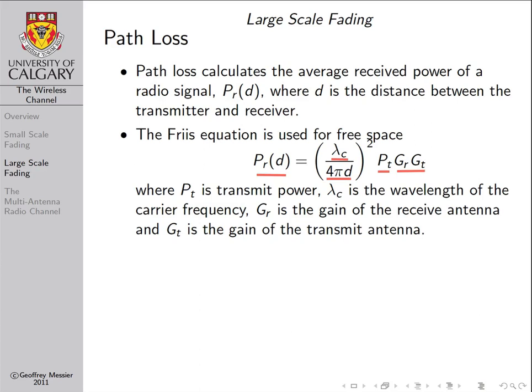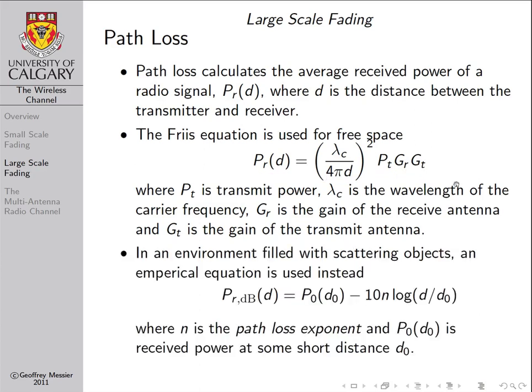And this equation, like I was saying, can be used for free space, which is kind of an artificial situation, but it can also be used to calculate path loss for very small separations between transmitters and receivers. So if your two antennas are separated only by a meter or 2 meters and they're very close to each other, there's no obstacles between them or really close by around them, then this equation is reasonably accurate.